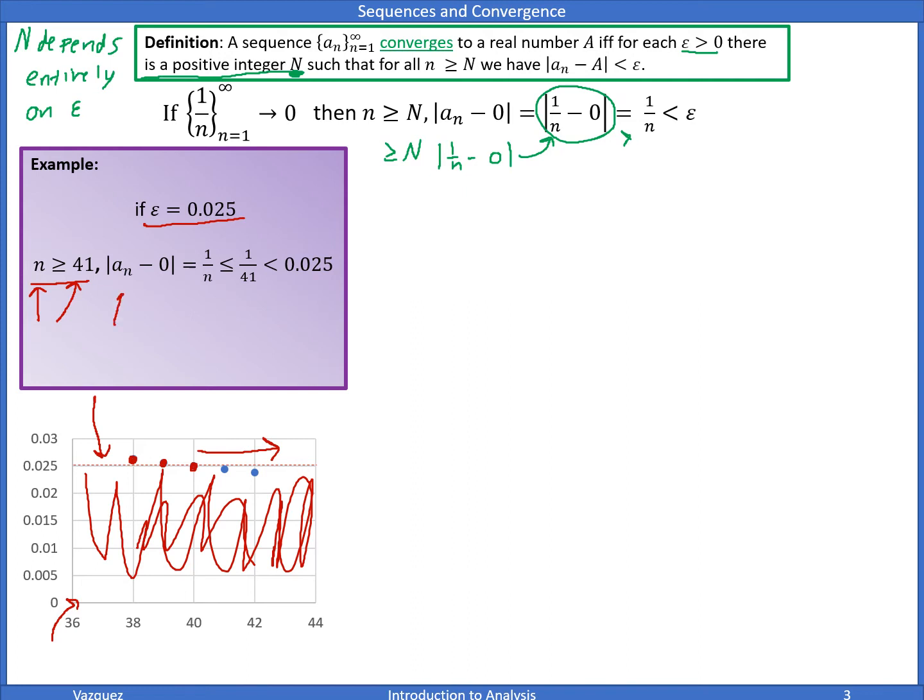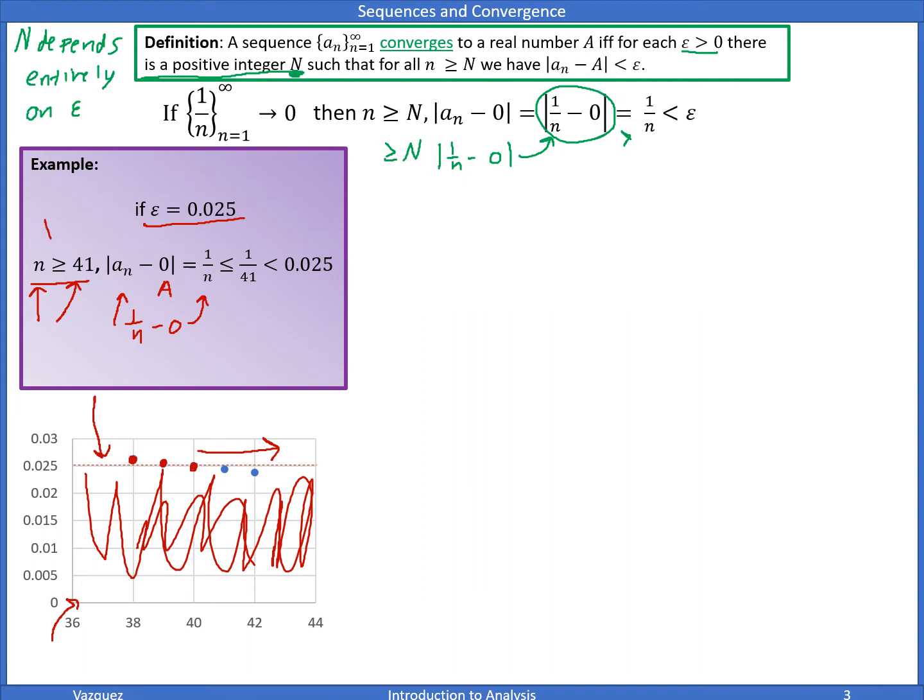So then we use a sub n minus 0 because that's what our definition tells us, that 0 is the a here because it's what we're thinking the sequence is approaching. This is our sequence a sub n, and that equals 1 over n minus 0, which is just 1 over n.